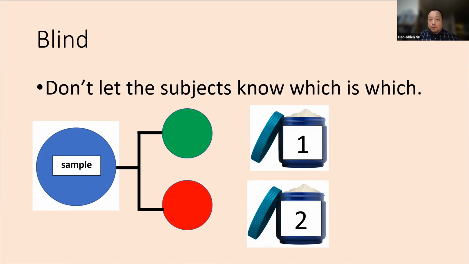And don't tell them which is which. That's called a blind experiment. A blind experiment is when we don't let the subjects know which treatment they're getting. Okay? They see a number 1 or a treatment A, but they don't know if it's a placebo or vapor.